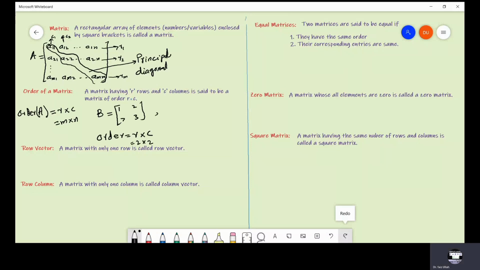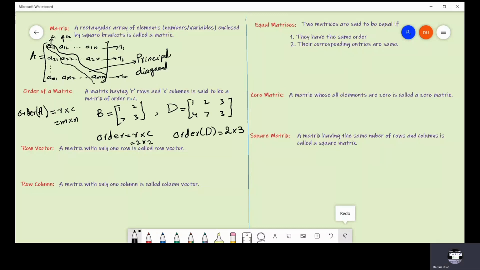Let us write another matrix D, which is given by 1, 2, 3, 4, 7, 3. Now let us find the order of matrix D. There you can see there are 2 rows and 3 columns. So the order of this matrix is 2 cross 3.